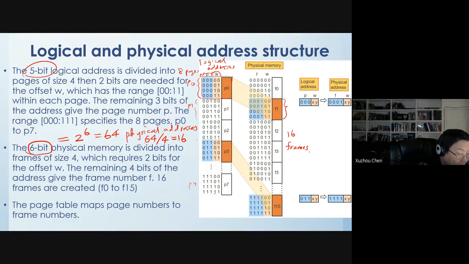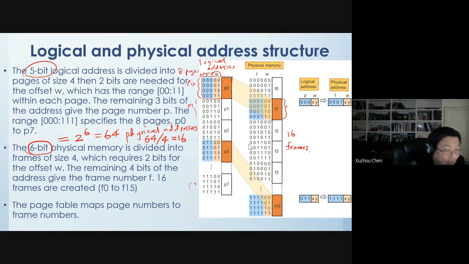Now, when I try to execute the program, I need to load each of the pages into the physical memory. Actually, I need to load each of the pages into a physical frame in the physical memory.